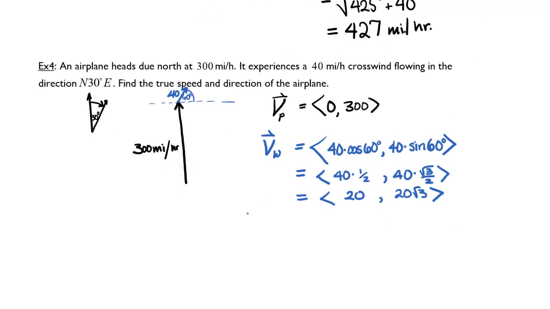I'm now going to add the two vectors together. The vector that represents the plane plus the vector that represents the wind is equal to 0 plus 20, and 300 plus 20 root 3.